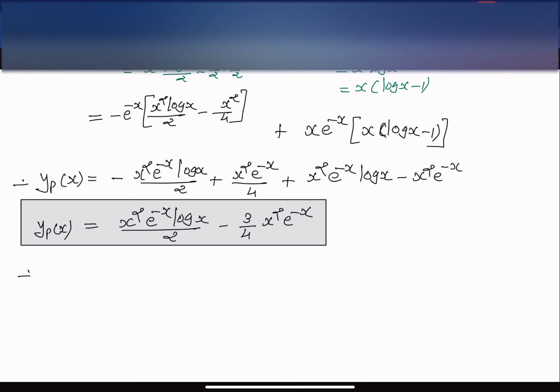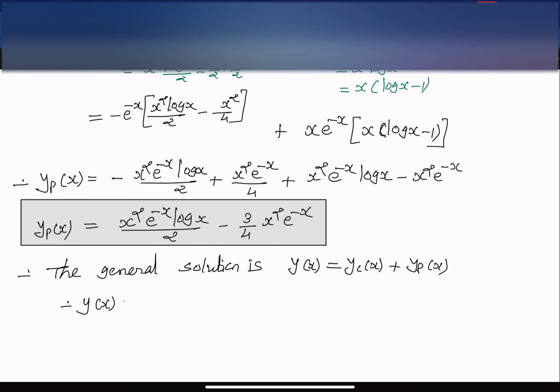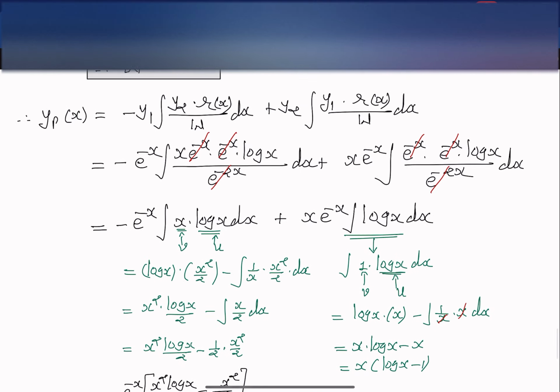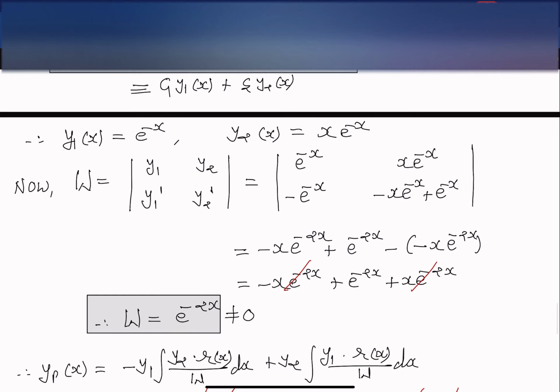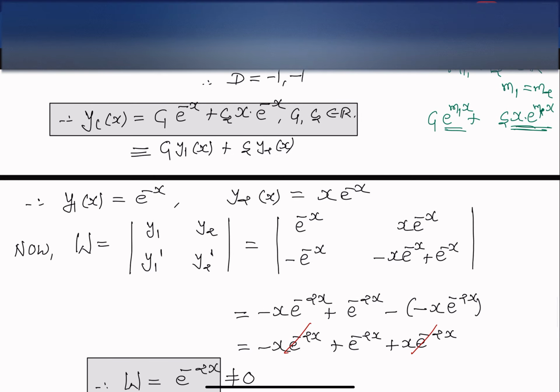Therefore, the general solution is y(x) is equal to yc(x) plus yp(x), and therefore y(x) is equal to, what is yc(x)? Look at here, yc(x) is c1 e raised to minus x, c2 x e raised to minus x.